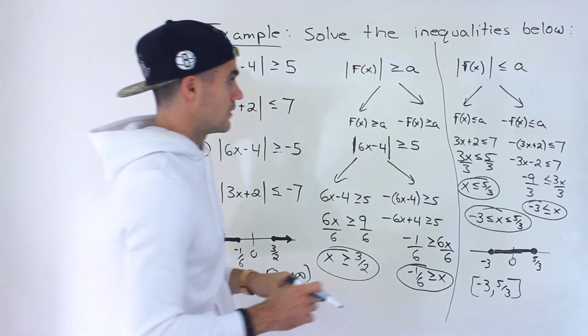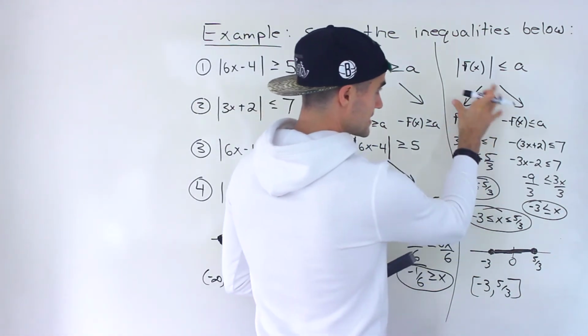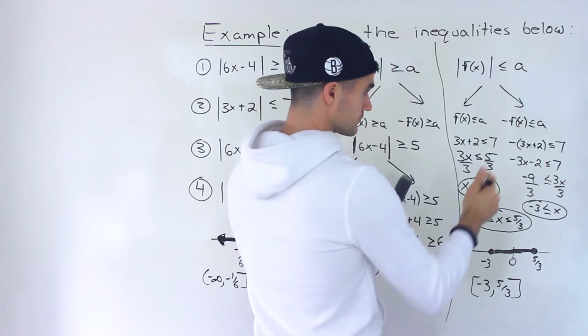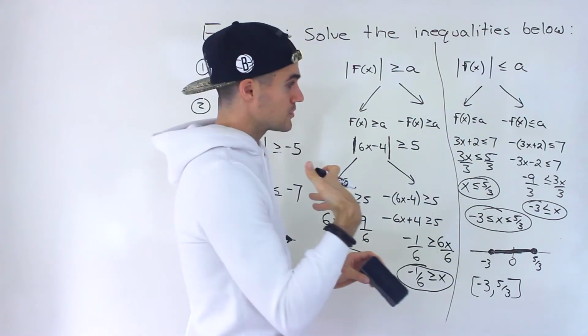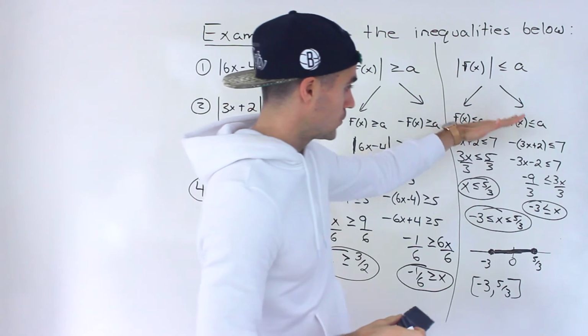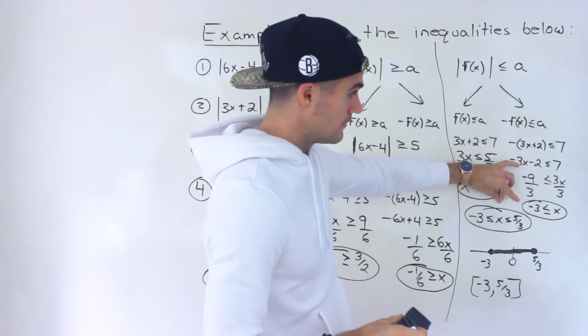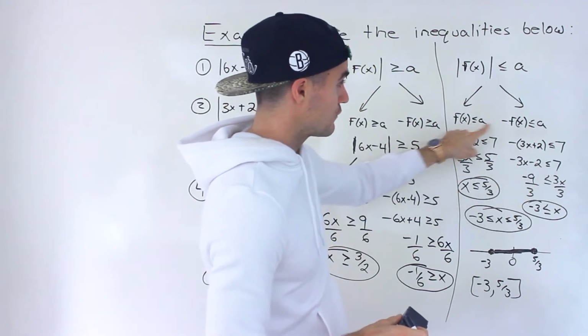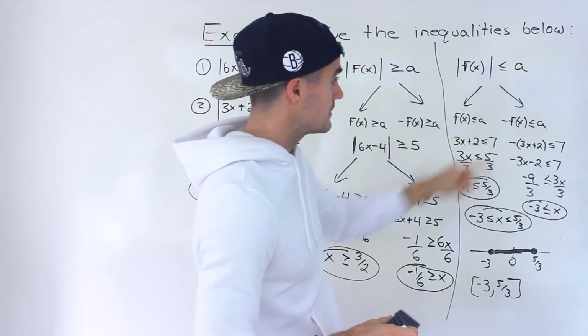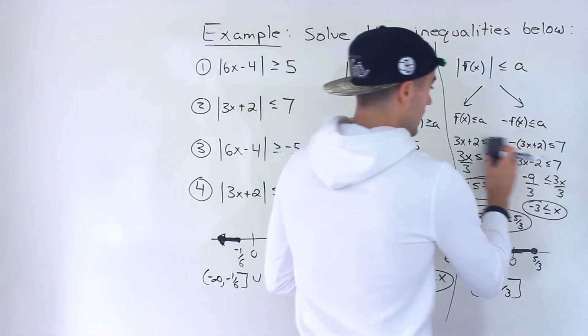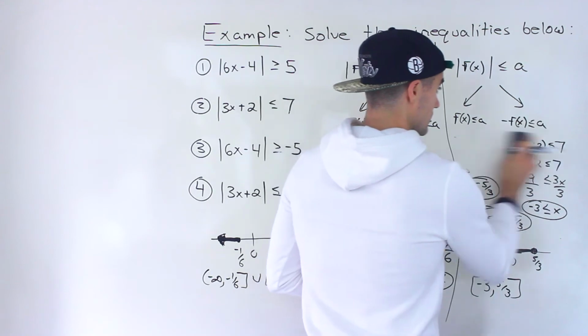Now, in terms of how this can generally be shown, so again, this is the way that I personally do it. I work with these separately and then I combine them, right? And I do f of x and negative f of x, and then I keep the sign the same. But another way, I'm just going to erase all this actually.